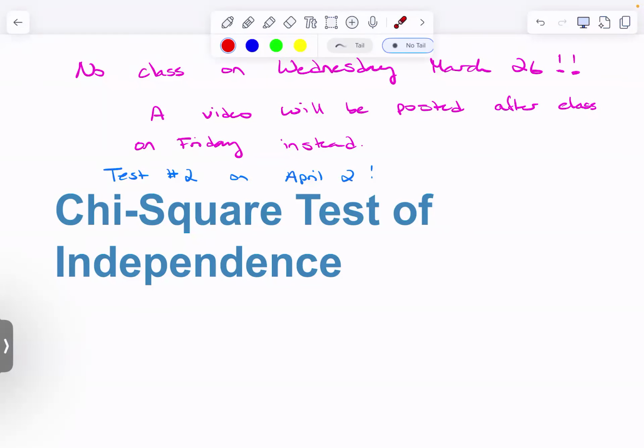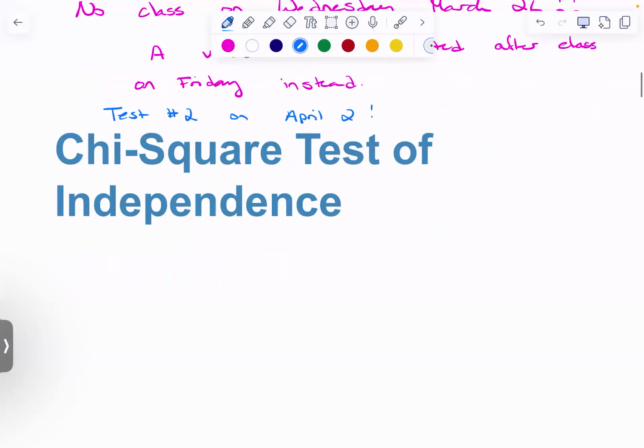Last day, we talked about the chi-squared distribution, right? The chi-squared distribution tends to look something like this. Chi is a Greek letter. The chi-squared distribution starts at 0 and moves out this way. So it tends to be smushed, or skewed to the right.